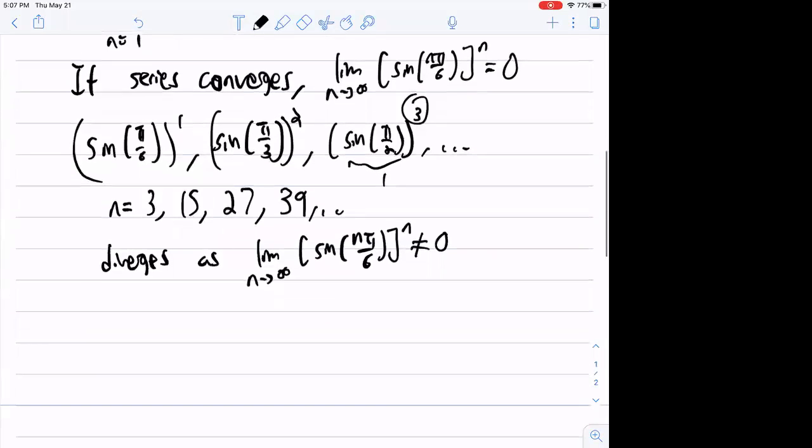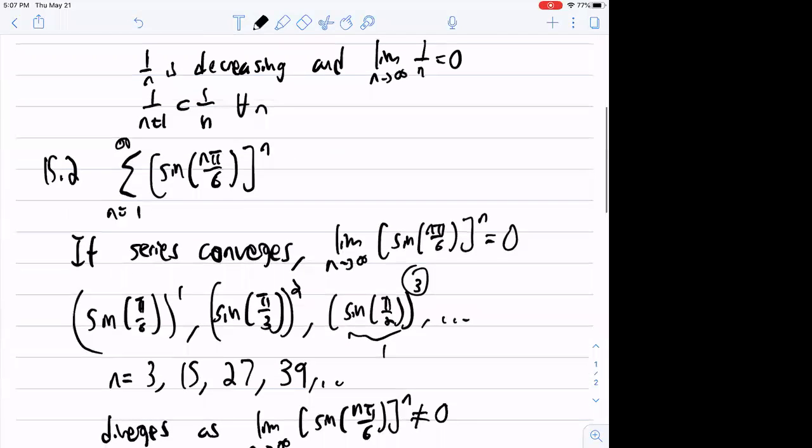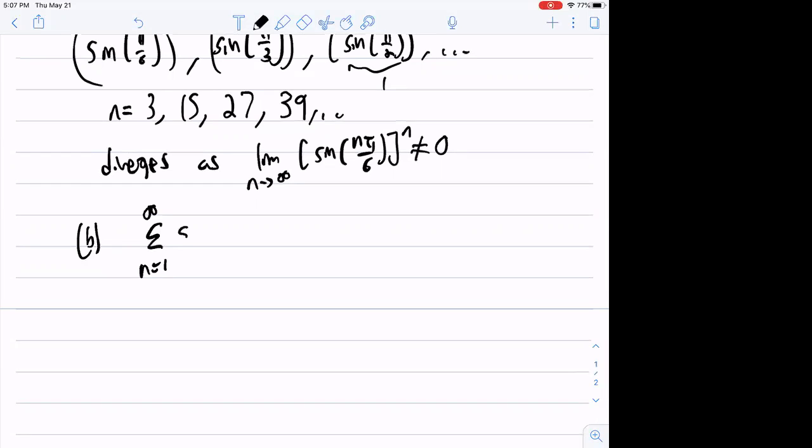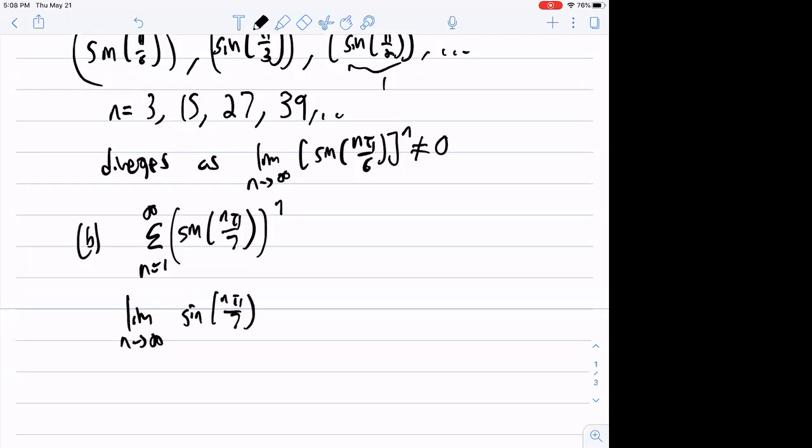So let's do the next one. This was part A. I think part B is the same thing, but with a 7 now. This is a bit different, because if we try to do the same thing, what is this limit now?